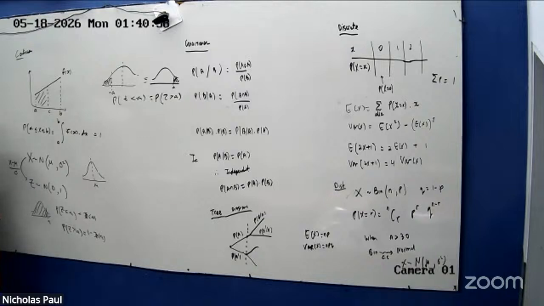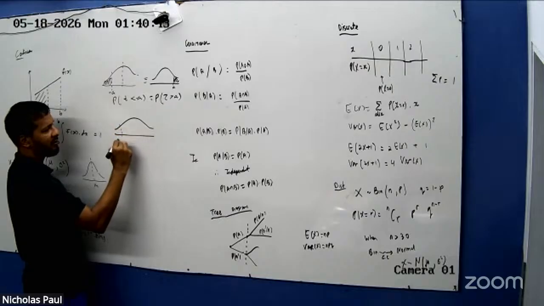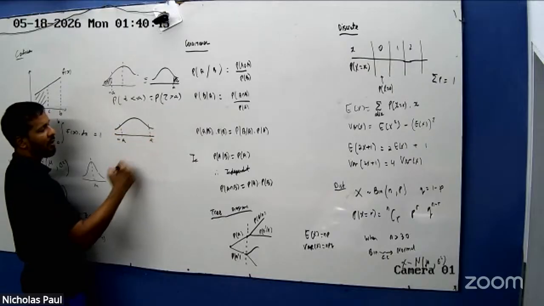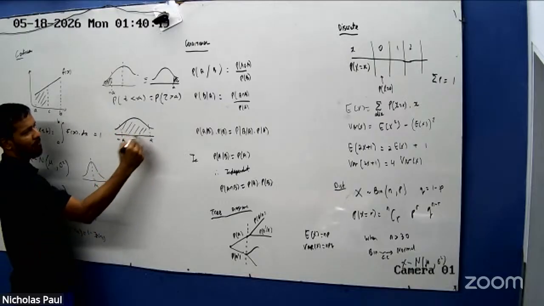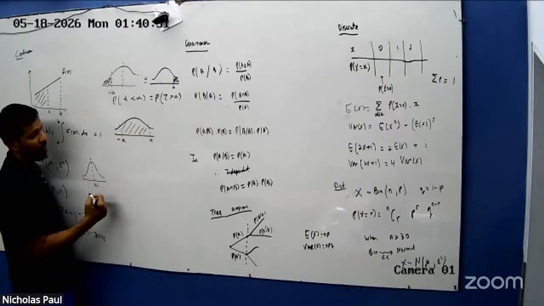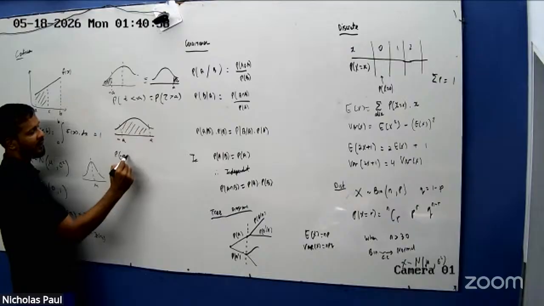Regardless of the shape we give you, regardless of what they're asking you for, you should be able to work it out. If they ask for the area here, what will this be? Probability between minus A and A. There are a few ways you can work it out.